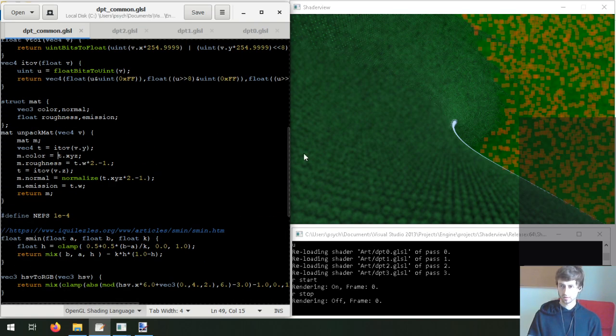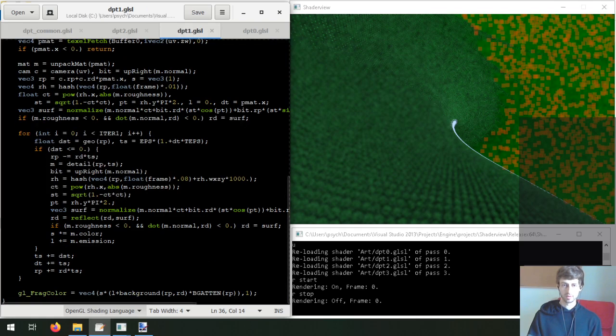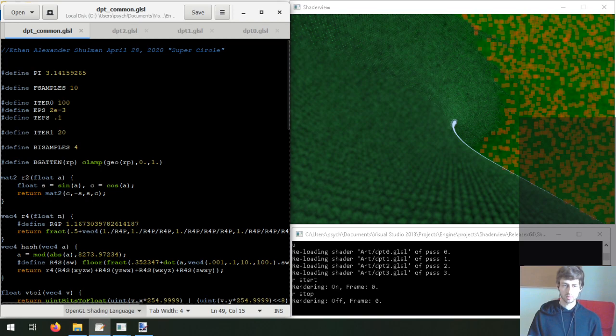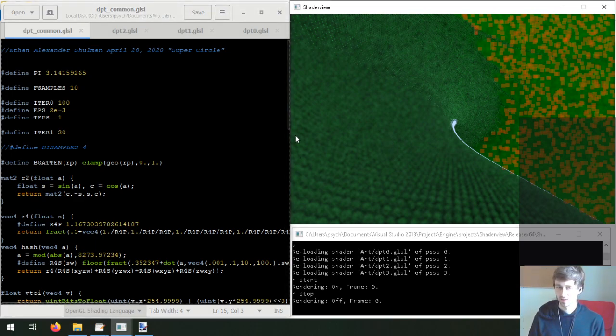I wonder if the color value here is ending up above 1. Let me check this. Oh my god, this is turning more into a ray tracing debugging stream than actually creating anything. I guess that is creation.